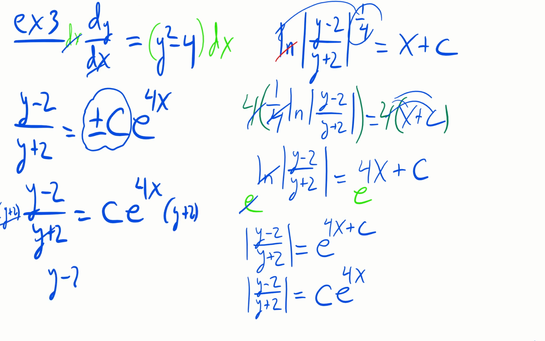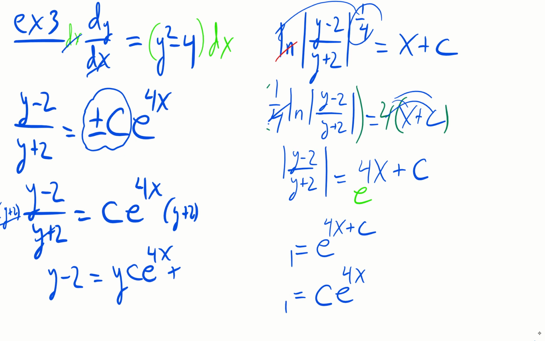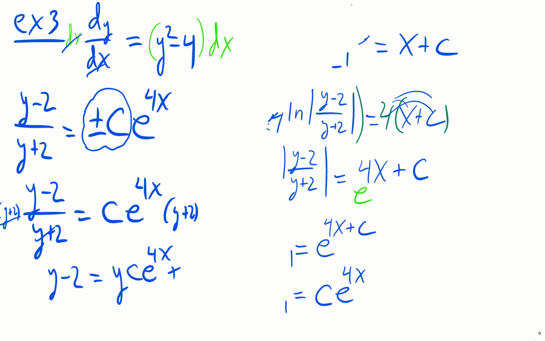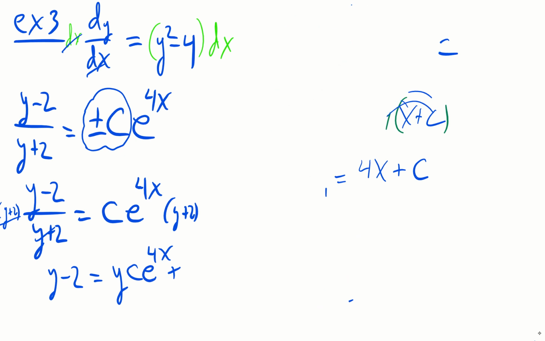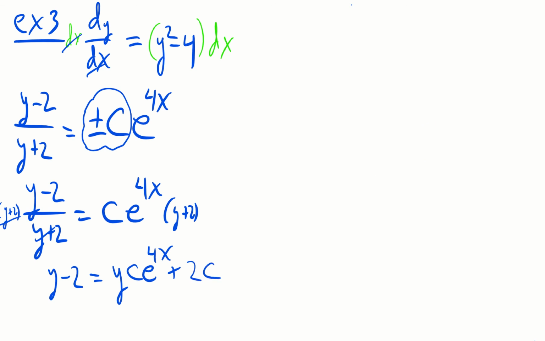We would get y minus 2 equals, on the right hand side, let's distribute. We're going to have y times c e to the 4x plus 2c e to the 4x, and you can probably guess what's going to happen here.